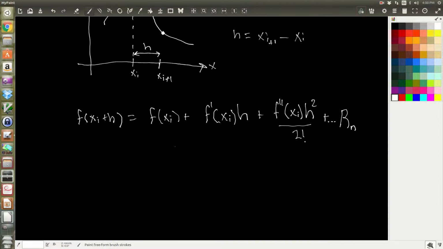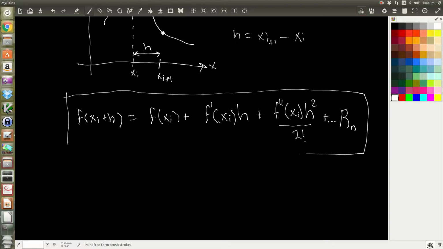And so this is called the Taylor series of f centered at xi to predict that function at some value xi plus h. Now Rn here has a name, and it's called the Taylor remainder.